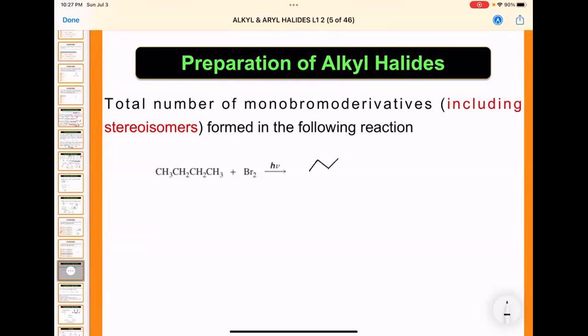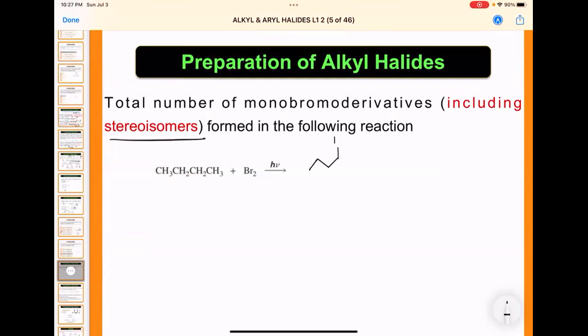Including stereoisomers, that are written in red. This is one, and there are two possibilities here. Two stereoisomers. If you don't count the stereoisomer, you will call it one.